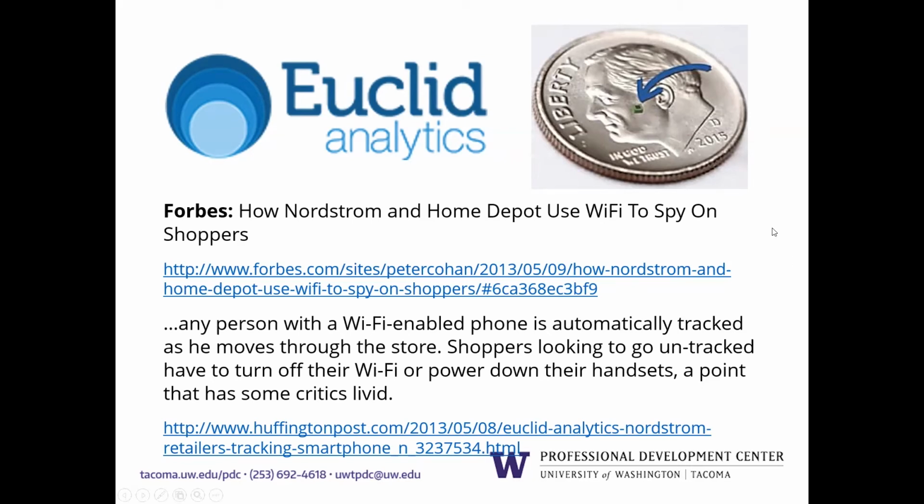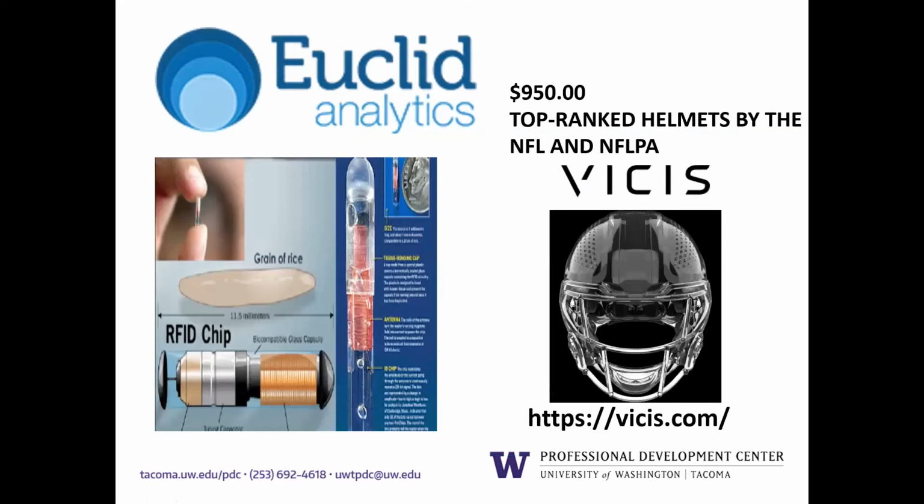Now, these little chips, the illustration on the left is actually quite old. These chips are quite a bit smaller now, are in a lot of things we buy. If we buy high-end products, expensive products, handbags, shoes, expensive clothing, there are people, this is a shock, I know, who are manufacturing knockoffs.